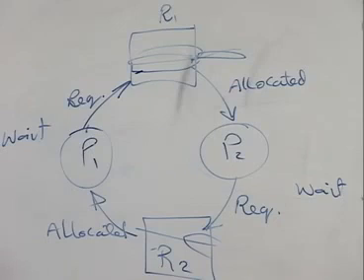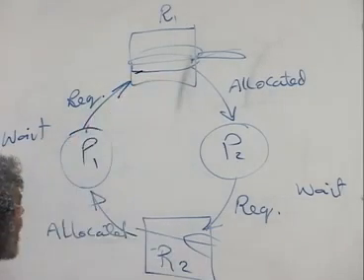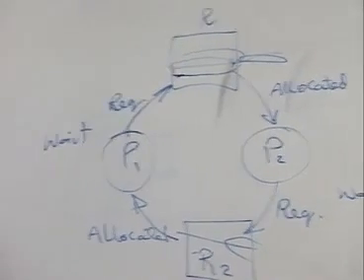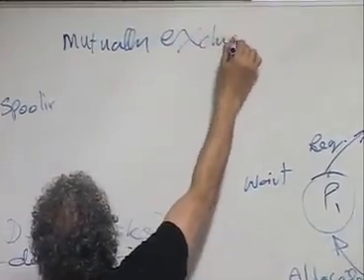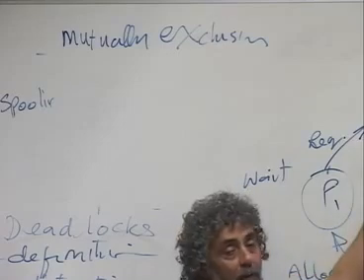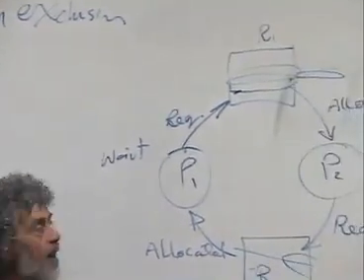So a number of conditions happen, if you notice, and they're important for us. First, these resources are not shareable. What do we call them? Mutually exclusive resources. That means if we could share the resources, there'd be no problem. There'd be no waiting at all.